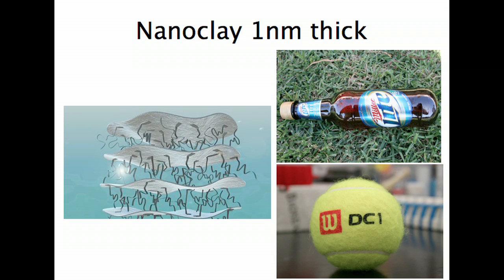And the reason for that is to reduce gas permeation so that the tennis ball remains inflated for much longer period than regular. Likewise, with the beer bottle, the carbonation remains in the bottle and cannot escape. So today you are actually exposed to nanotechnology in many ways, even though you don't know because you can't see them.